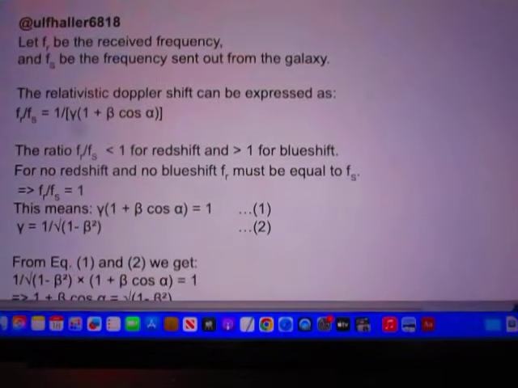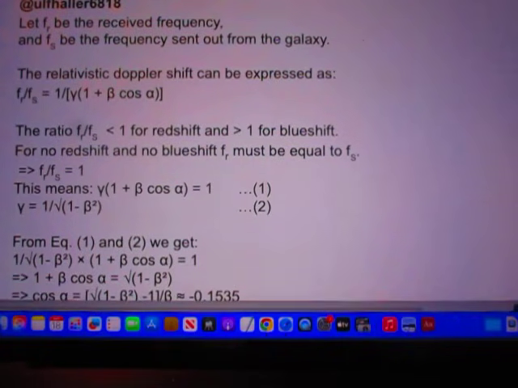So if you want the redshift and the blue shift to be the same, then Fr divided by Fs must be this. If that is smaller than 1, there is redshift, and if it is larger than 1, there is a blue shift.